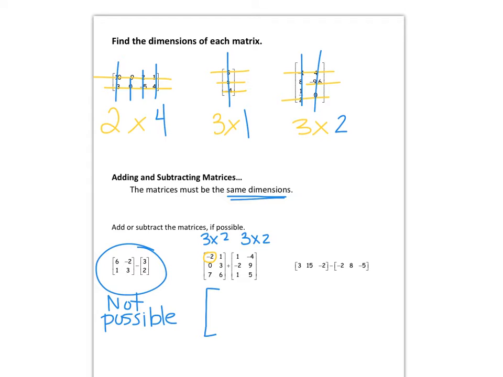So row 1, column 1 in both matrices go together. Negative 2 plus 1 would be negative 1. Then 1 plus negative 4 would be negative 3. Then 0 plus negative 2 would stay negative 2. Then 3 plus 9 will become 12. And 7 plus 1 would become 8.